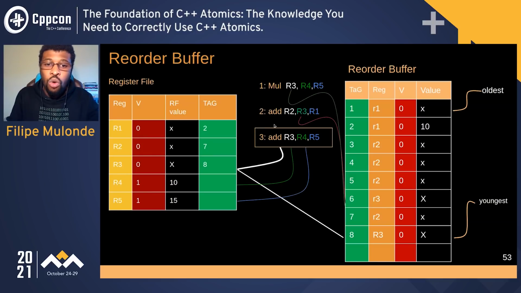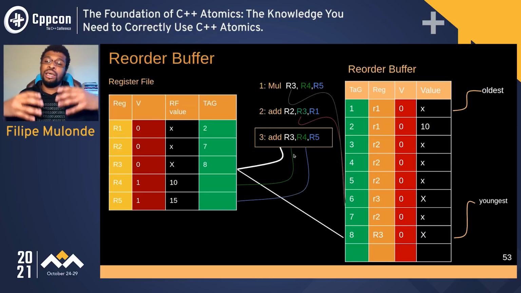That way, when instruction number 3 is executed before the second and the first instruction, it needs to wait until instructions 1 and 2 update the architecture state because they are older than the third instruction. Only after that will the third instruction be able to exit the reorder buffer and update the architecture state. That's how we provide a precise exception.